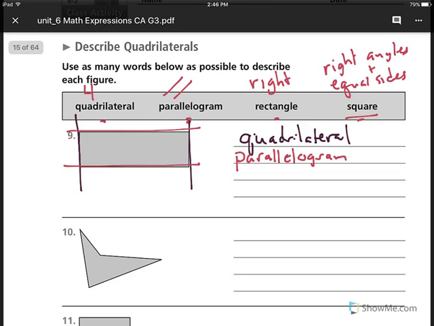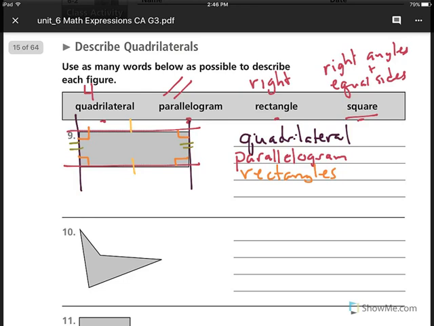All of the angles are right or rect, so they are rectangles. Now, a square, are all of these sides the same length as each other? Well, this one's the same as that one, and this one's the same as that one, but they're not all equal, so it is not a square.